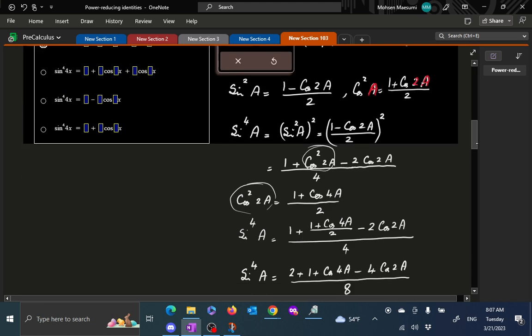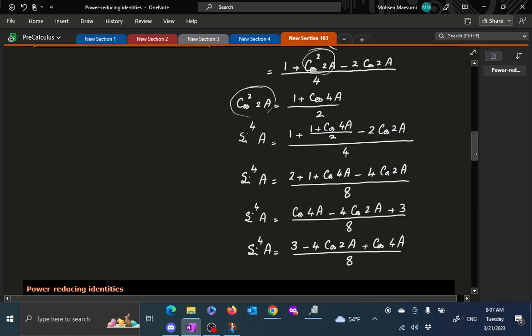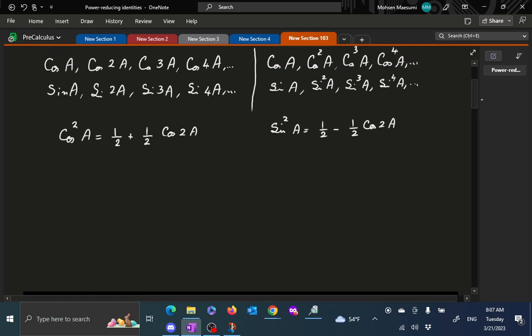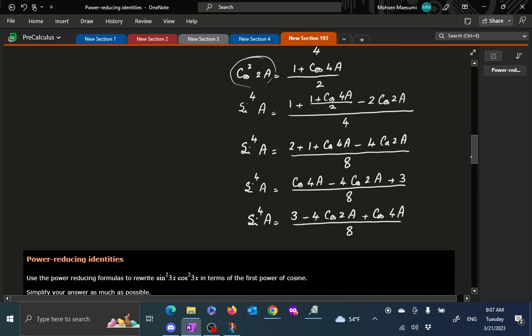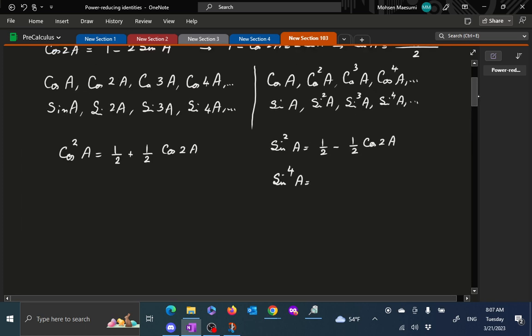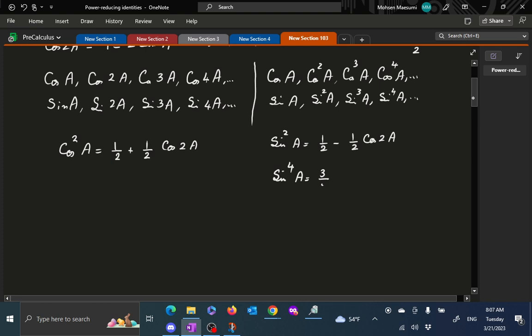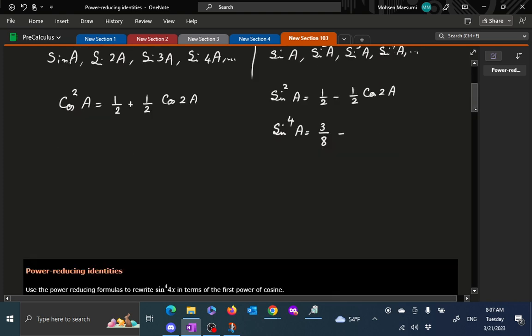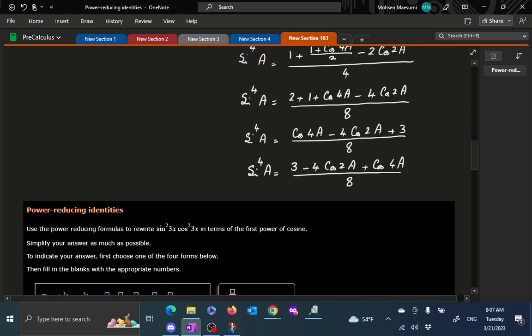What is it that we just discovered? Sine to the power of 4. We have something for sine to the power of 4 of a. To write it in the same style, let's take this and divide it term by term. So 3/8 minus, now you can write it 4 over 8, or you can simplify it as 1/2.